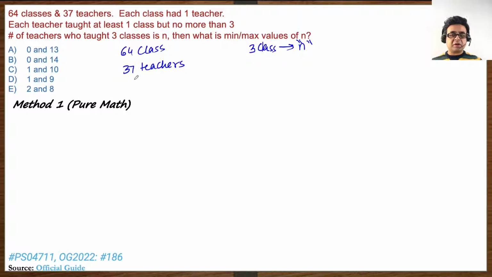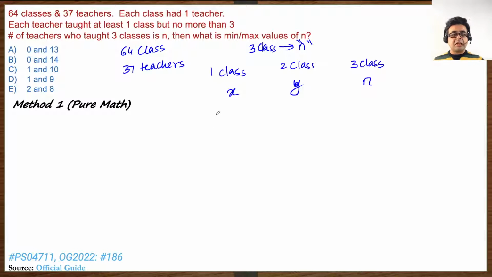So let's divide these teachers into teachers who teach 1 class, teachers who teach 2 classes, and teachers who teach 3 classes. We are already given that the number of teachers who teach 3 classes is n. The number of teachers who teach 2 classes, let's call it y. And the number of teachers who teach 1 class, let's call it x.